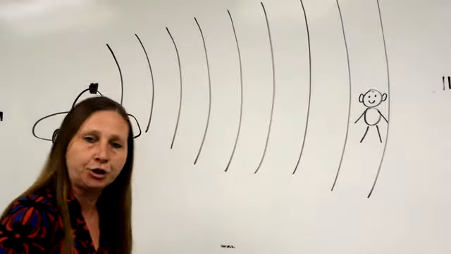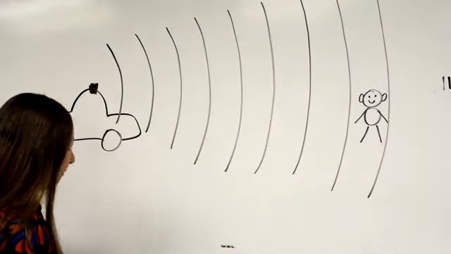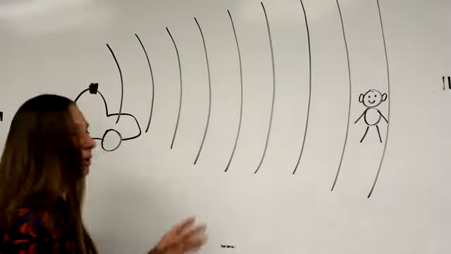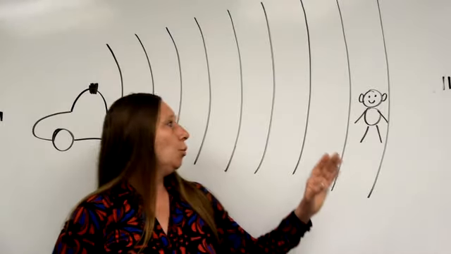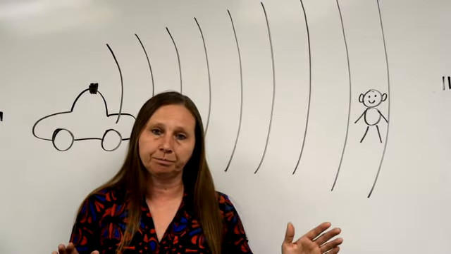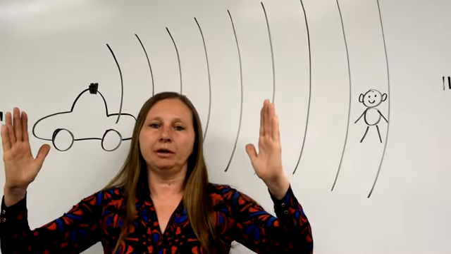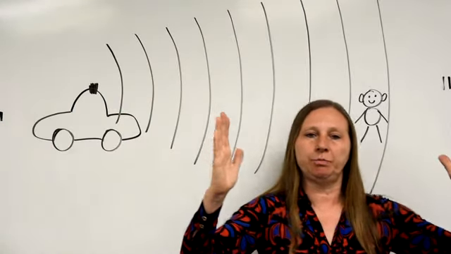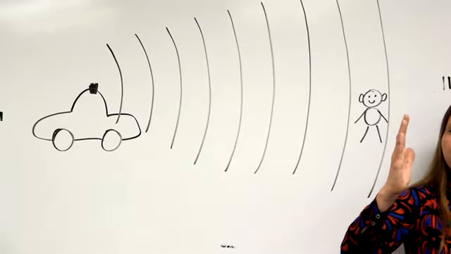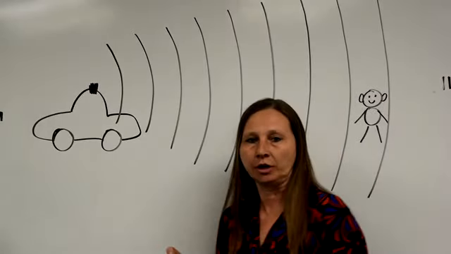And that's the pitch that the person hears. Now, the person is going to hear that pitch whether they're both standing still, or if they're both moving together at the same speed and the distance between them is not changing.